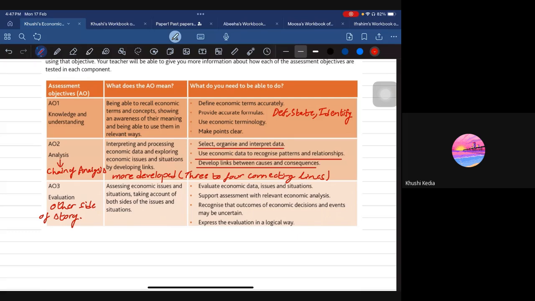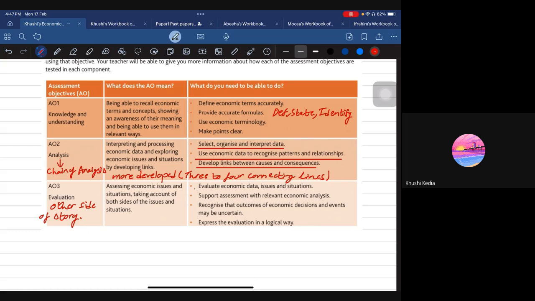When you are giving a one-sided answer where you are talking about how supply side is a good policy, then you move on to the other side where you say that supply side may not be that good a policy. That is the case where the other side of the story is your evaluation, right?